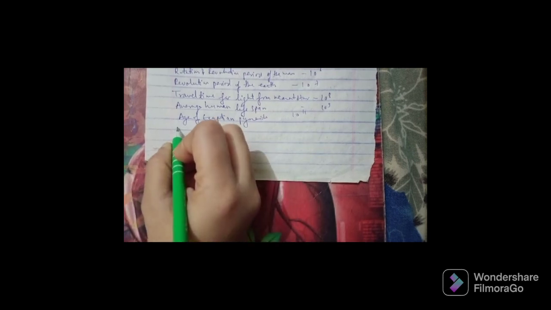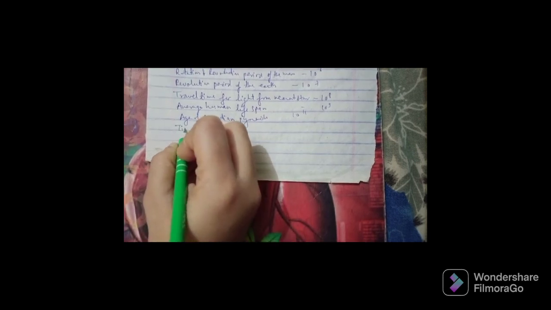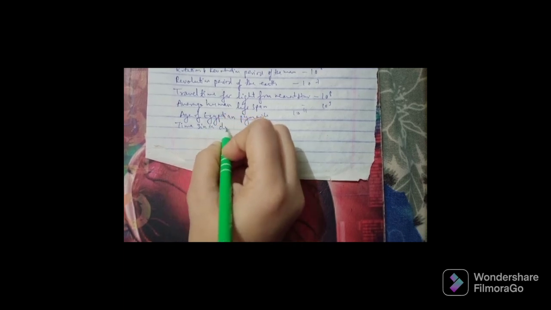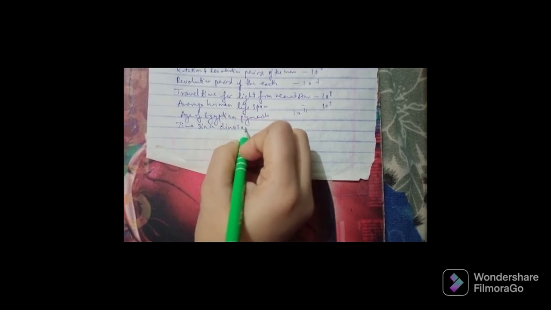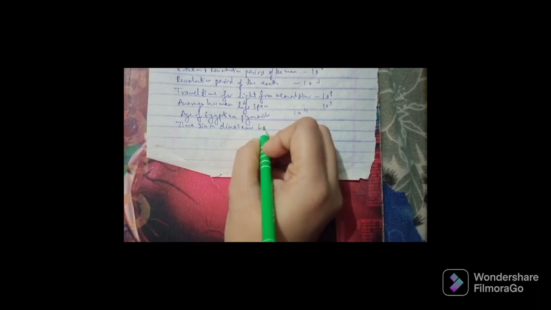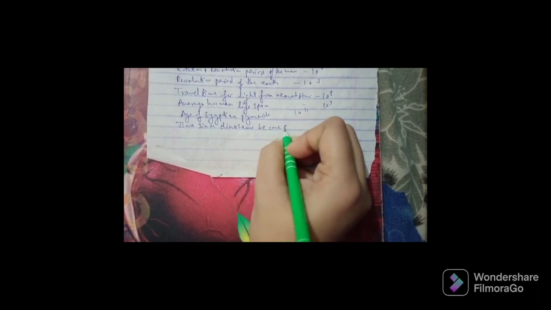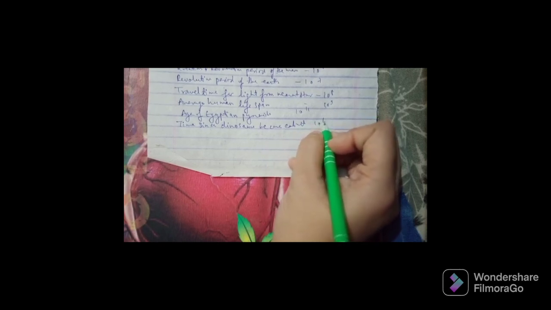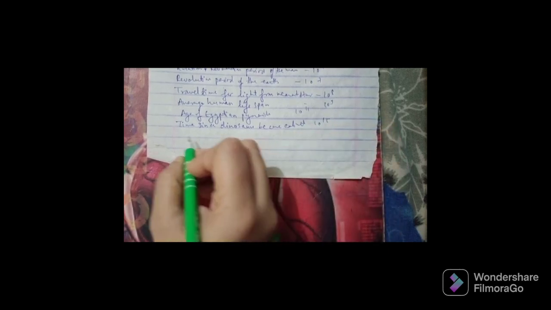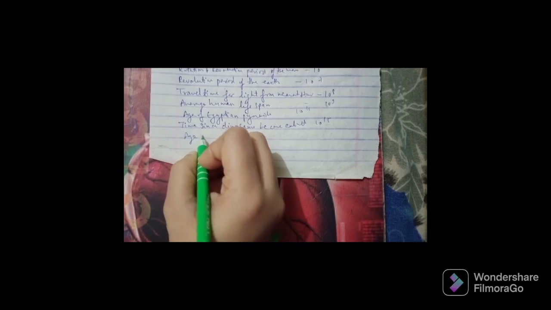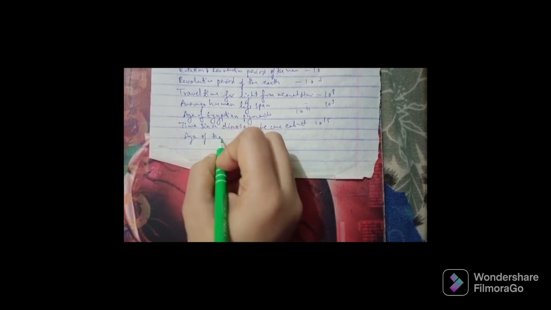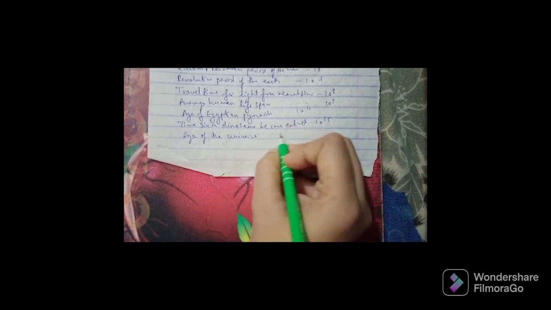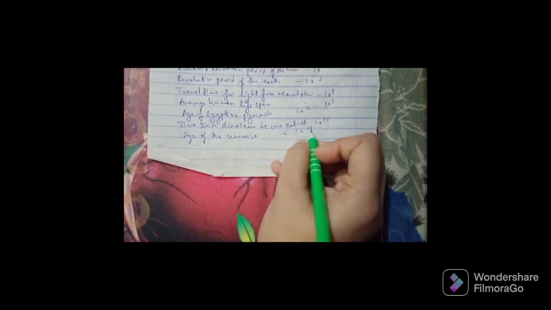Then time since dinosaurs became extinct is 10 to the power 15. And age of the universe, 10 to the power 17.